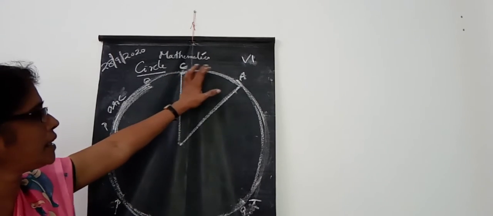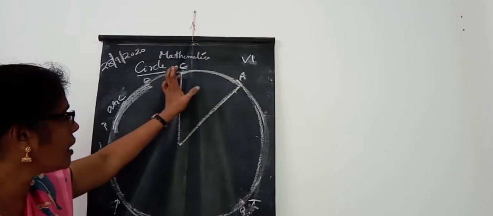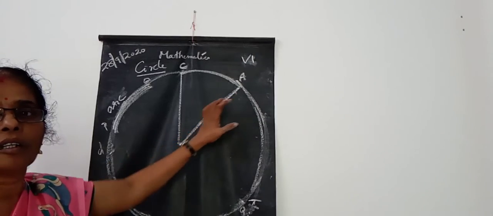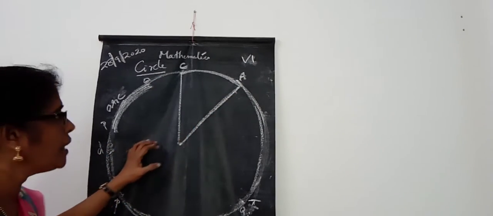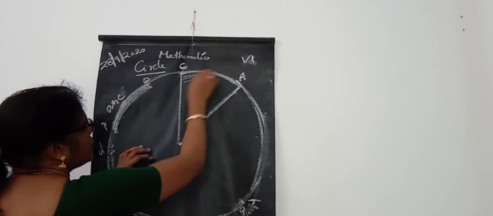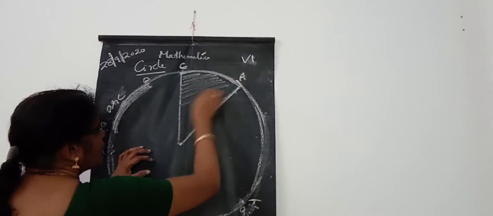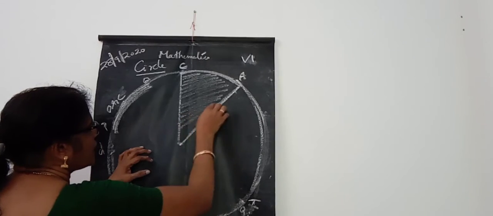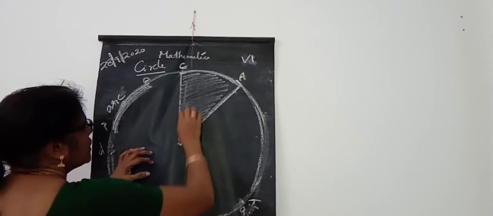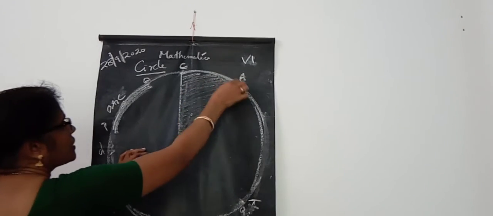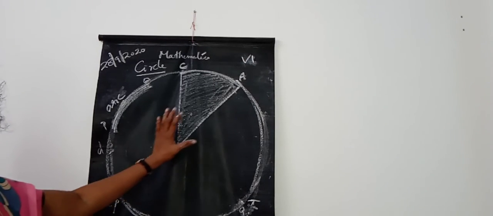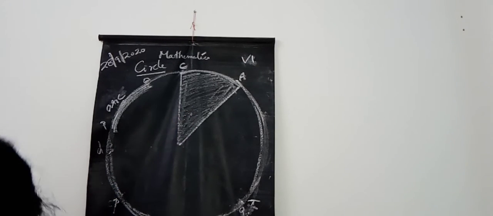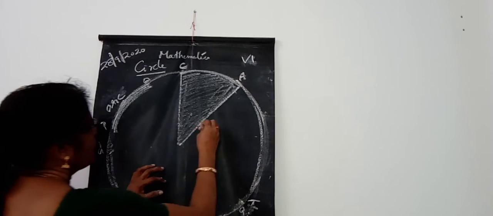And if one side is an arc and the other side is a pair of radii, that portion or that region we can call a sector. This region is a sector. This part of the circle is called a sector.